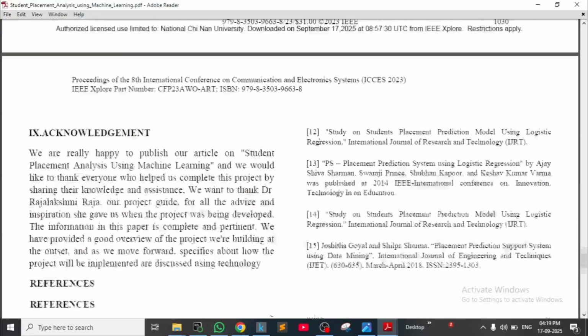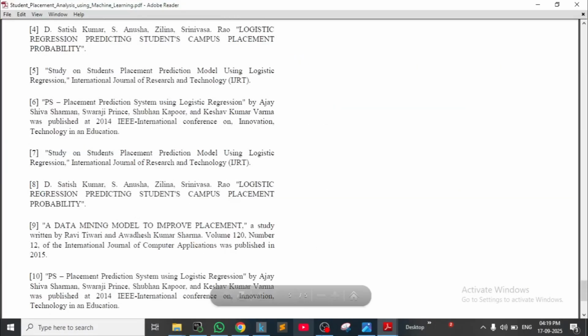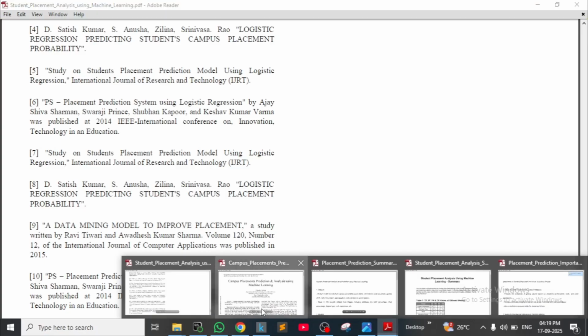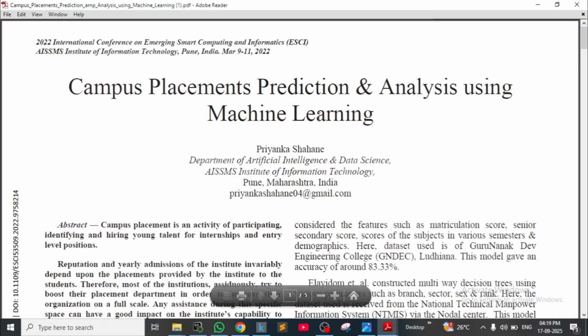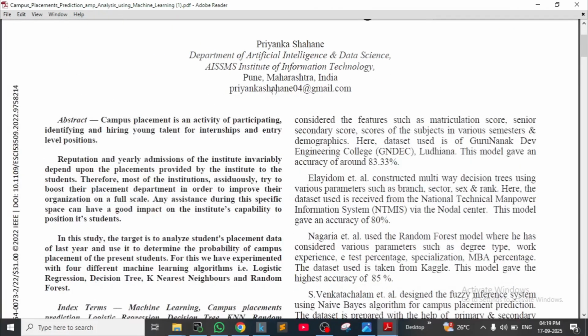Now coming to the other research paper: campus placement prediction and analyzing using machine learning by Priyanka Shahane, Department of Artificial Intelligence and Data Science.